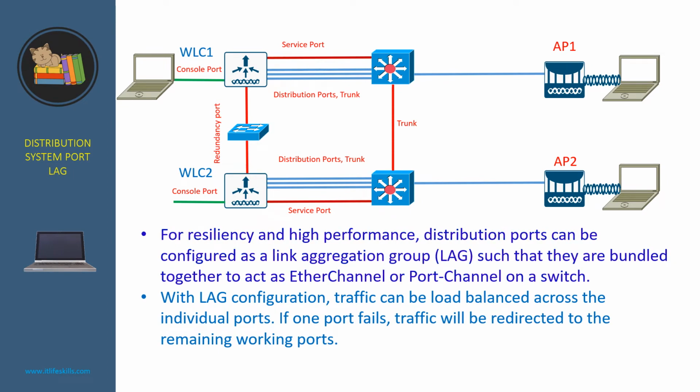For resilience and high performance, distribution ports can be configured as a link aggregation group, or LAG, such that they are bundled together to act as an EtherChannel or port channel on a switch. With LAG configuration, traffic can be load balanced across the individual ports. If one port fails, traffic will be redirected to the remaining working ports.